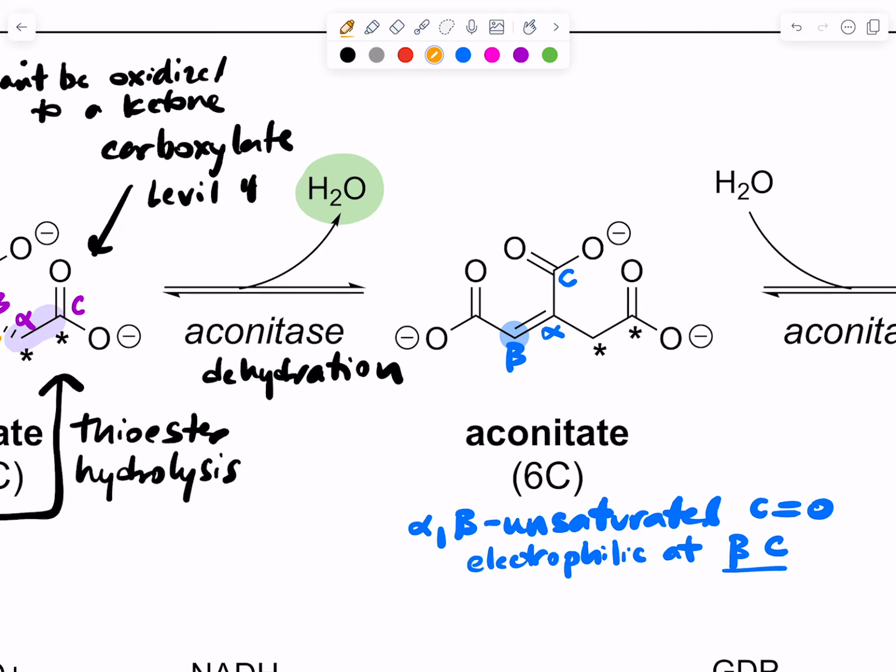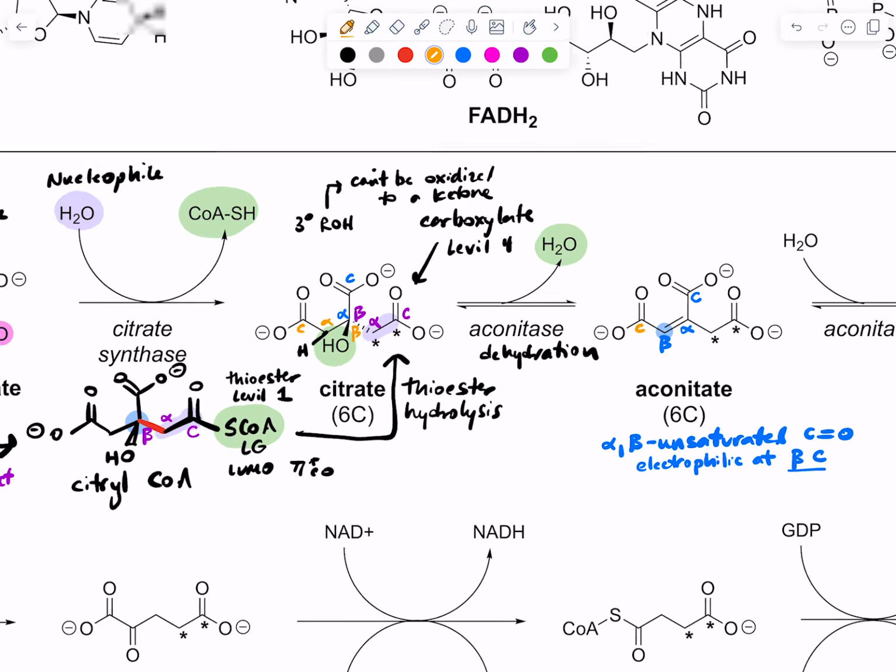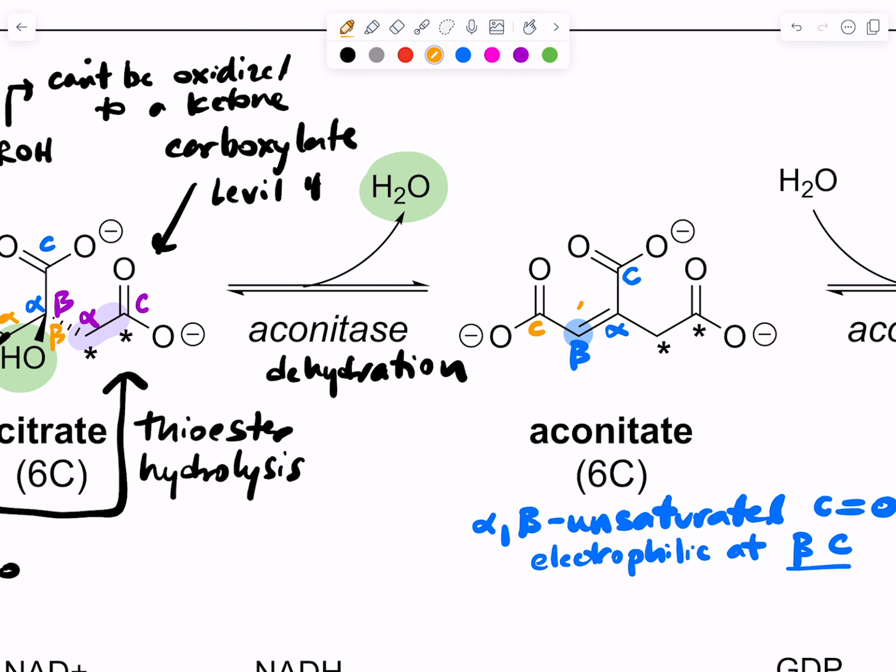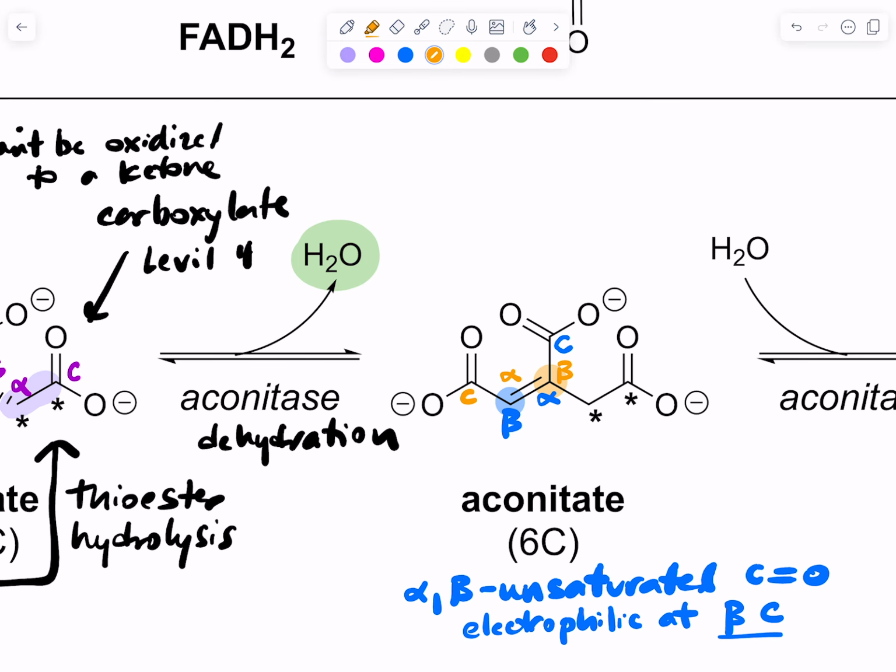Similarly, if we look at the orange carboxylate, this is the alpha carbon and this is the beta carbon. So from that perspective, this orange beta carbon could also be electrophilic. For the blue writing, could the beta carbon be on the other side?